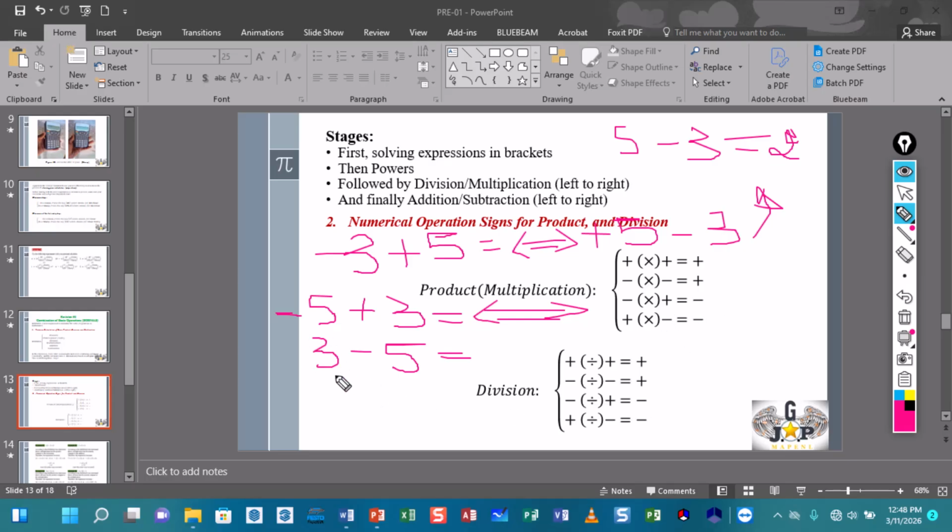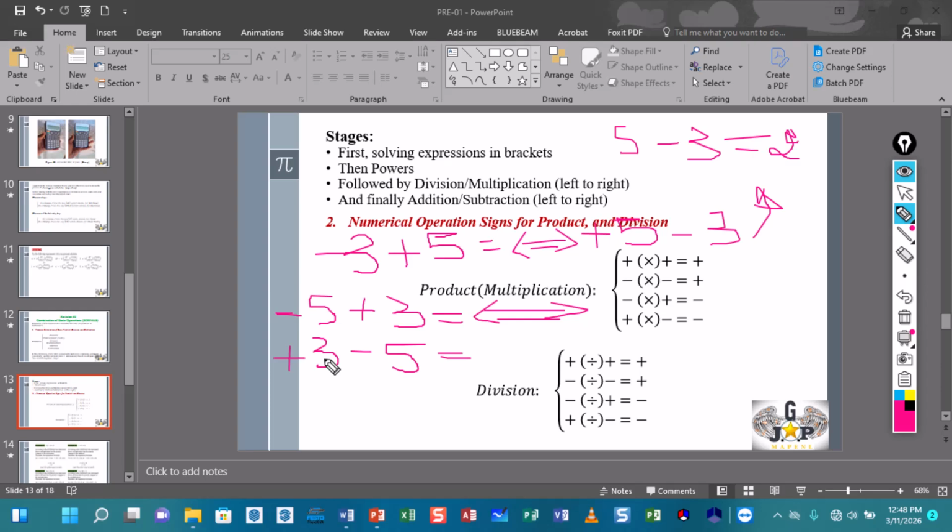So minus 5 plus 3 is the same as plus 3 minus 5, right? Okay, it's equivalent. So the first thing you do is look at the numbers. You have 3 and 5. 5 is bigger than 3, right? And you check the sign.